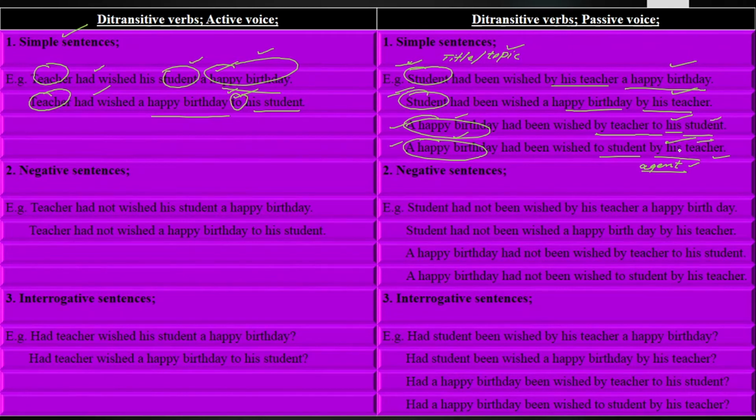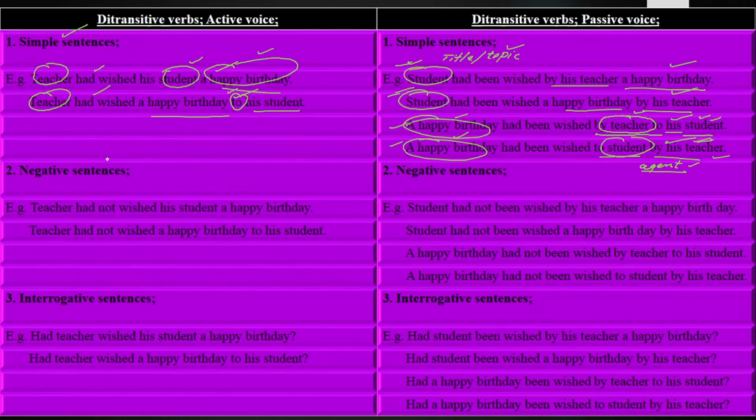So there you need to be a little bit careful when you talk about the agent first. So by teacher to his student, and then here to student by his teacher. When you shuffle the places, his will come at the end, whether with your agent or with your indirect object. This you should care about.